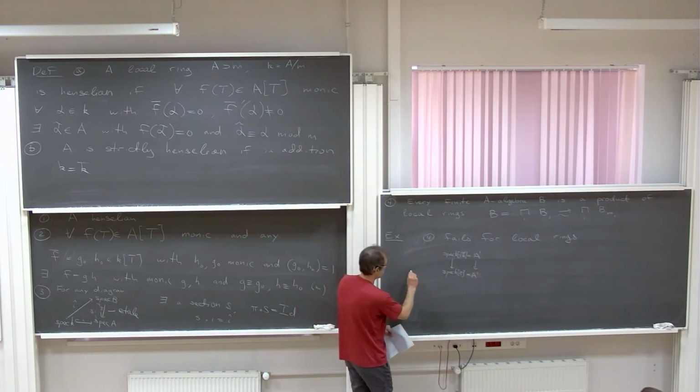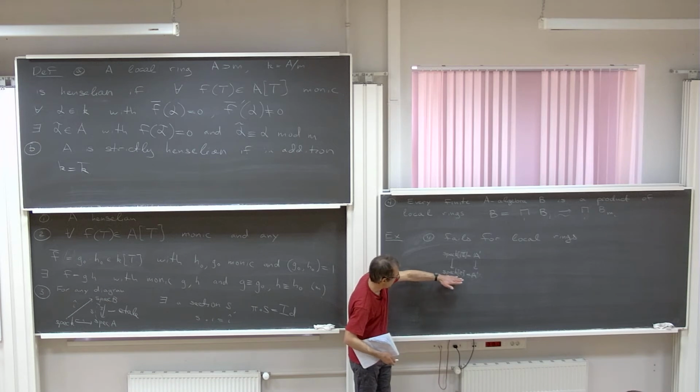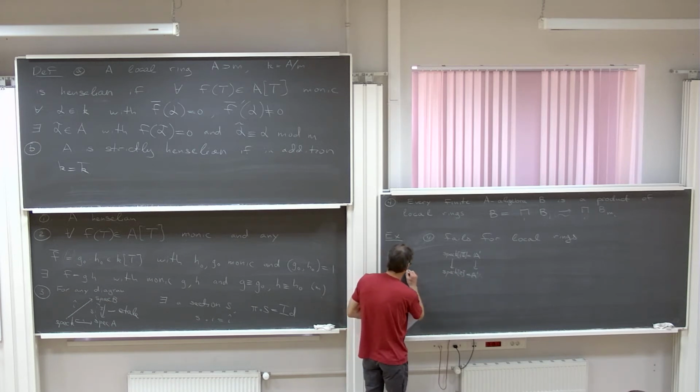And let's consider here a point, let's take the localization of K of Z at the point 1. So spec K of Z at 1.